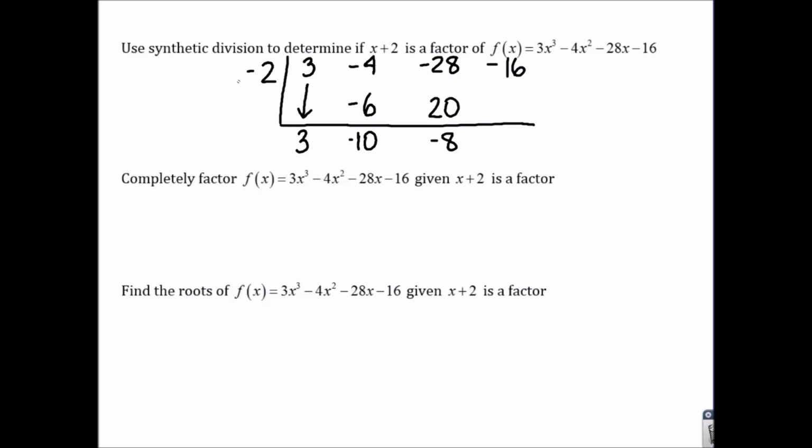Then negative 2 times negative 8 is positive 16. Then add. Negative 16 plus 16 gives me 0. So I got a remainder of 0. So x plus 2 is a factor.